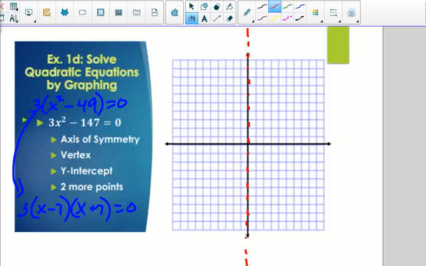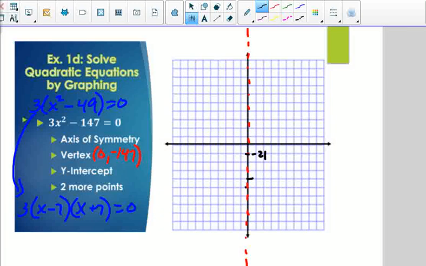That means when the vertex is 0, what is going to be my y? My y is going to be a negative 147. Now to save some space on here, I'm going to count by 21s. If I count by 21s, this would be a negative 21, negative 42, negative 63, negative 84.